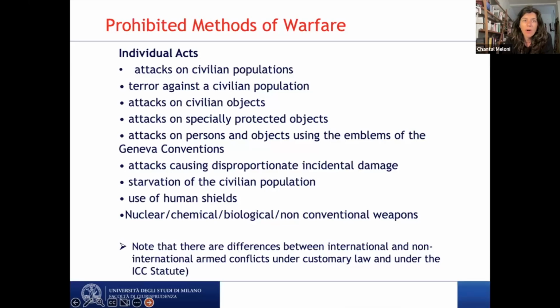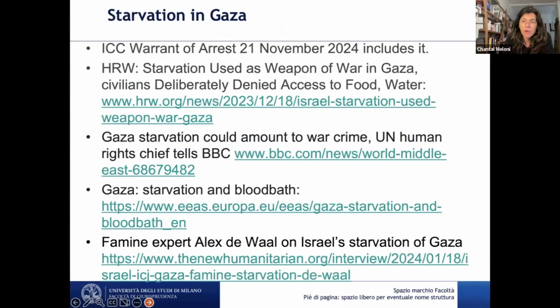And one of these important war crimes has to do, of course, with something that we are talking a lot about in these months, in these horrible weeks in particular, that is the crime of starvation that applies in the situation of Gaza.